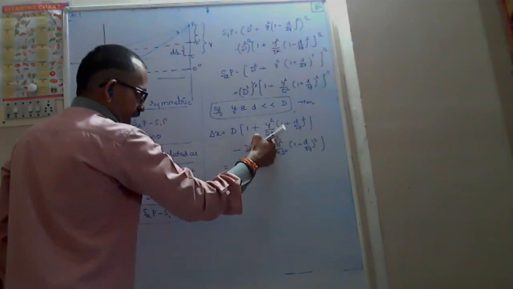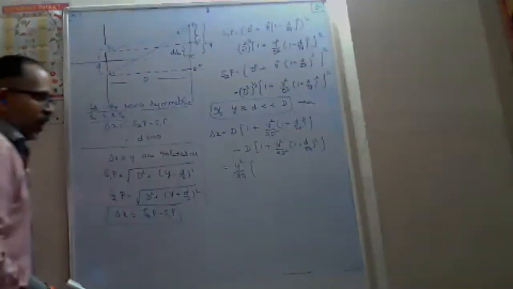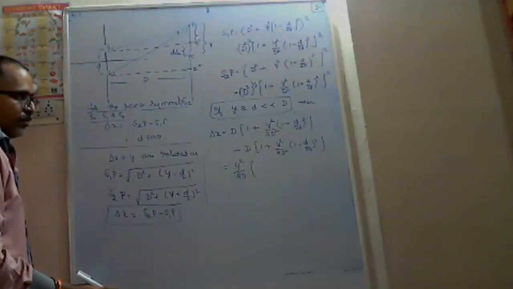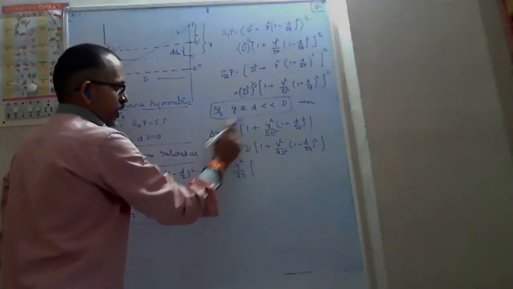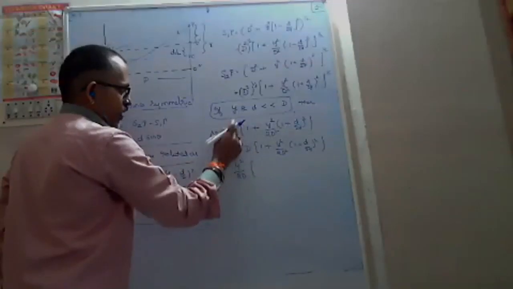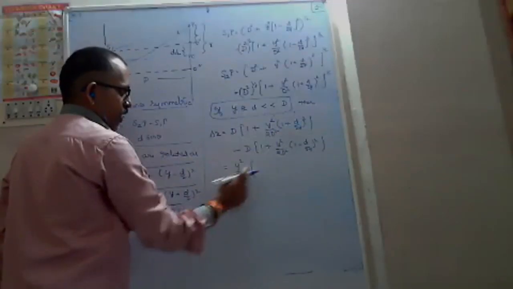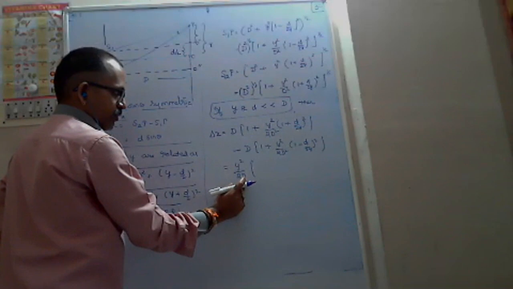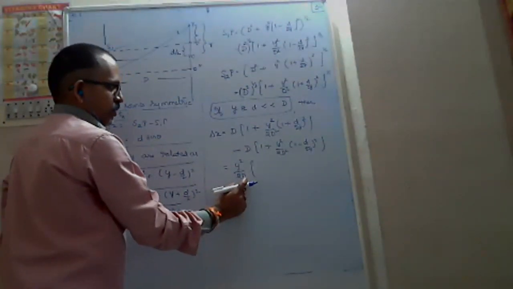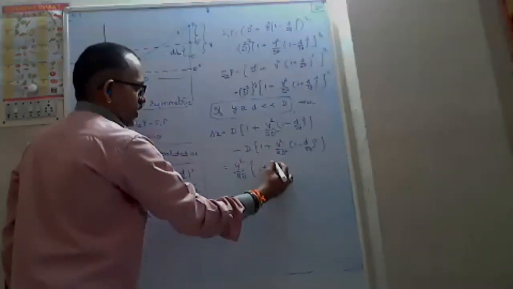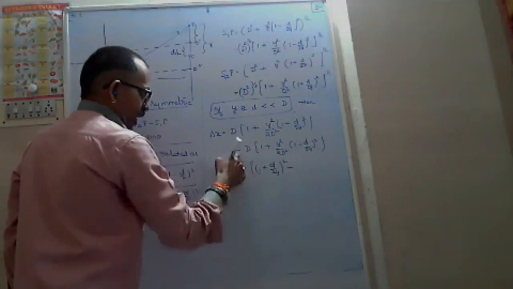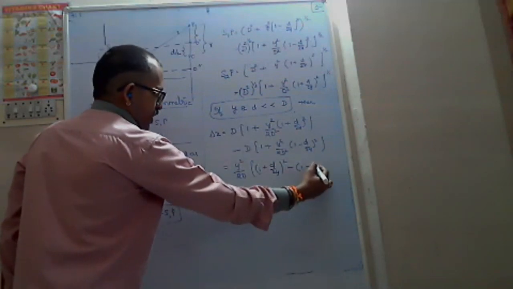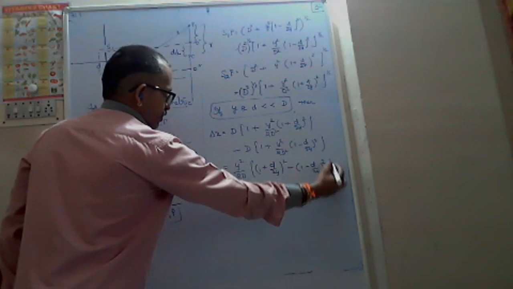If you cancel 1d here, are you following? This d again I am multiplying. D into y square by 2d square, d cancel, that will become y square by 2d, into 1 plus d by 2y whole square minus 1 minus d by 2y whole square.